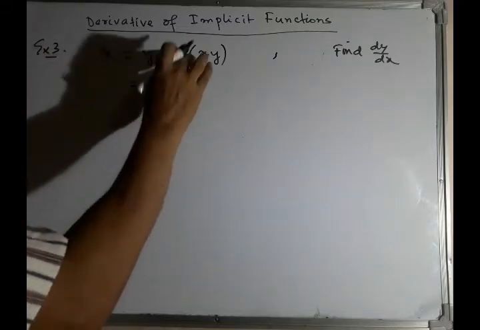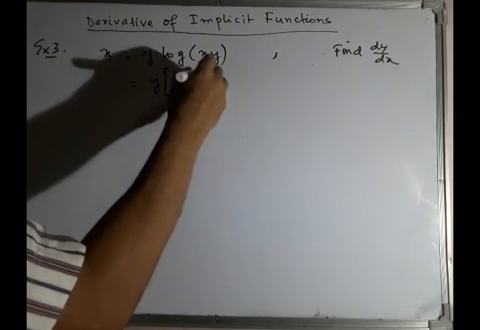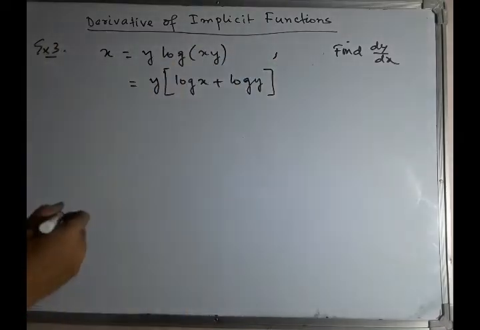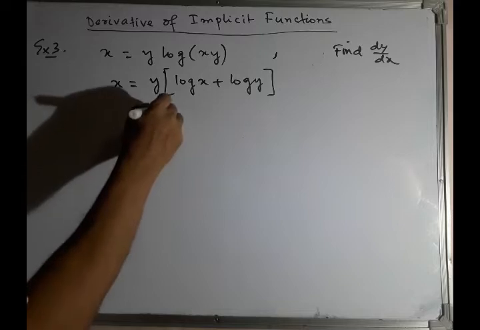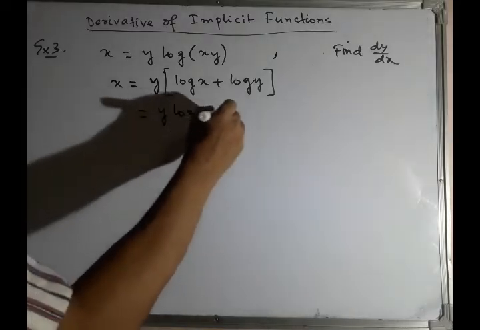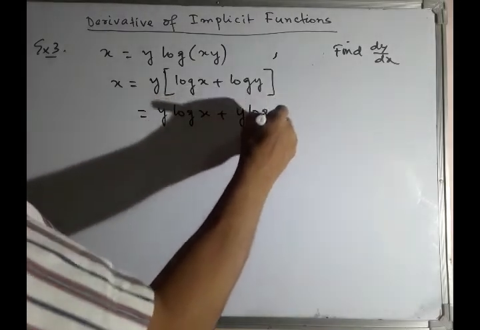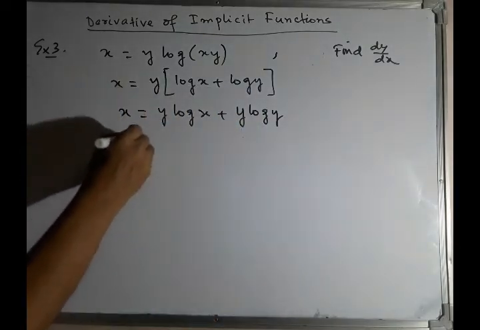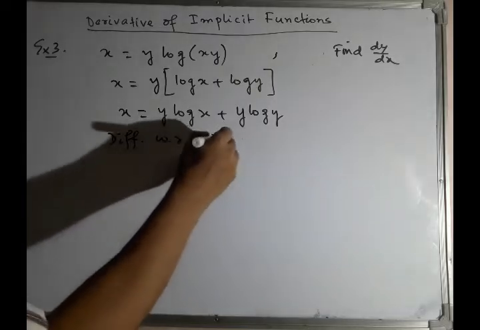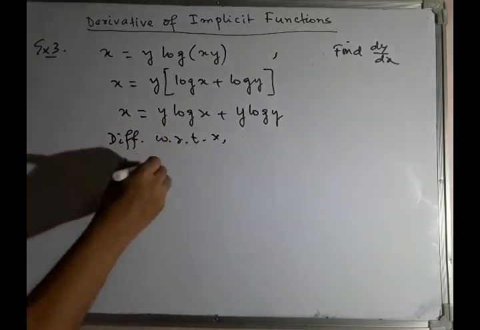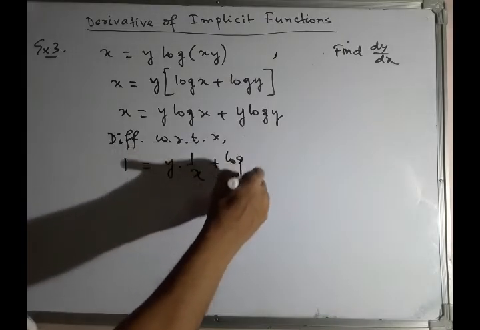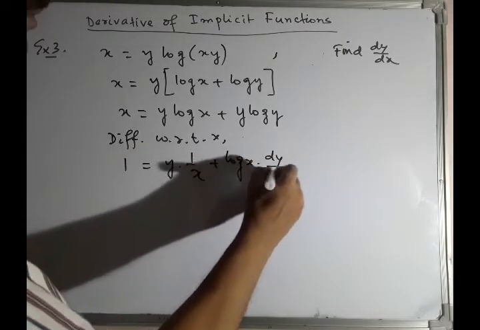Log of a into b, the formula is log a plus log b, so log xy is log x plus log y, and this is equal to x. So therefore x equals y log x plus y log y. Now differentiating with respect to x, we'll get 1 into y into 1 by x plus log x into dy by dx.